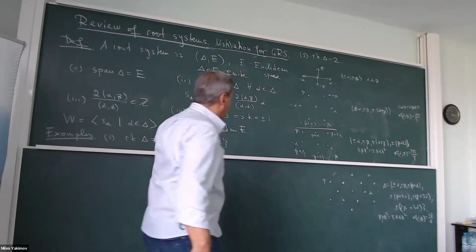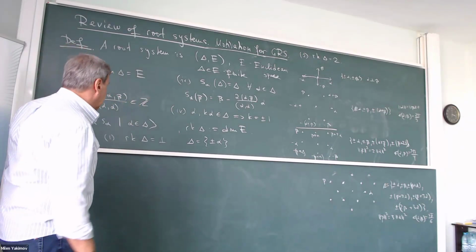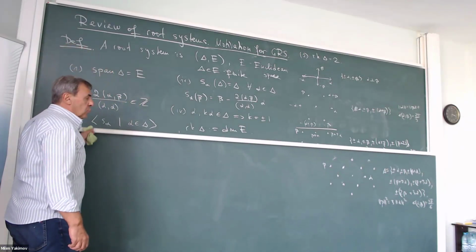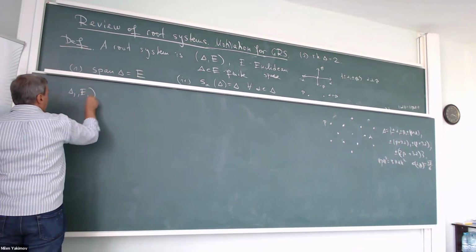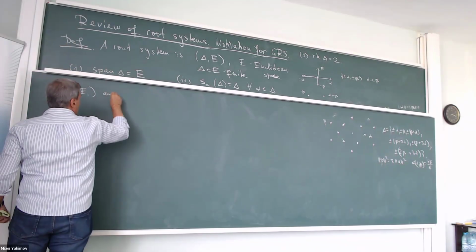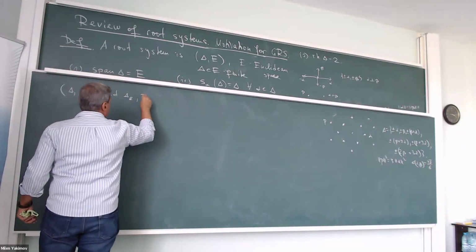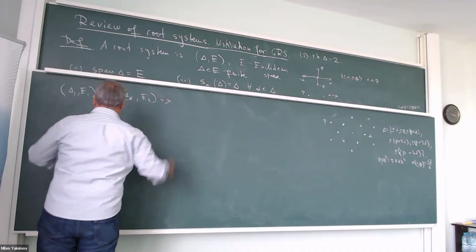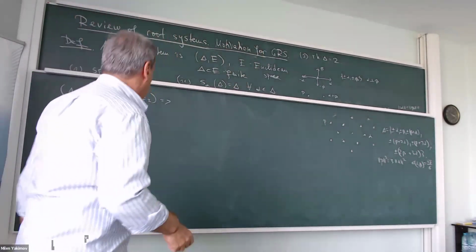Now, taking the first as motivation, I see that if I have 2 root systems, delta 1 sitting inside E1 and delta 2 inside E2, then I can define their product.